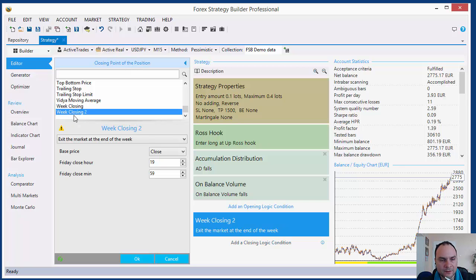So I have to use the week closing indicator, and here I can set when the strategy closes the position. I will set 22:55 and it will close the position on Friday after 22:55.